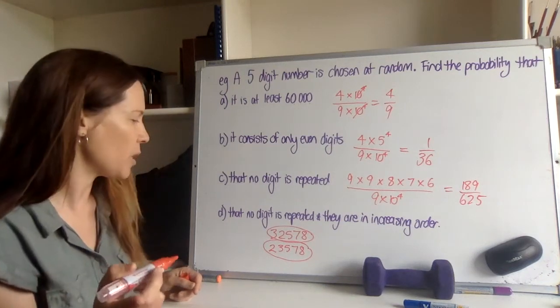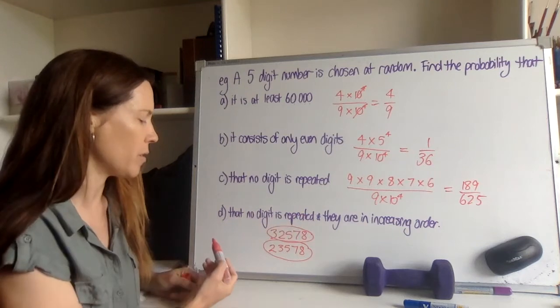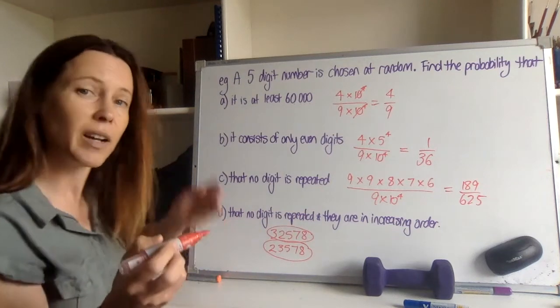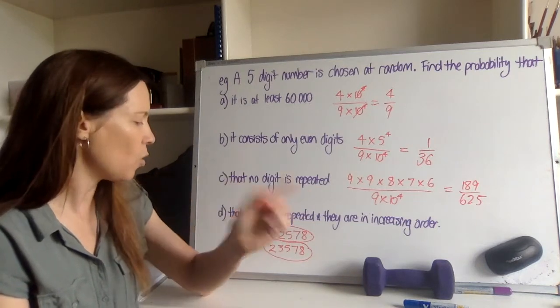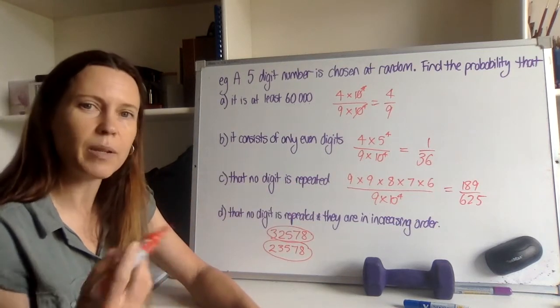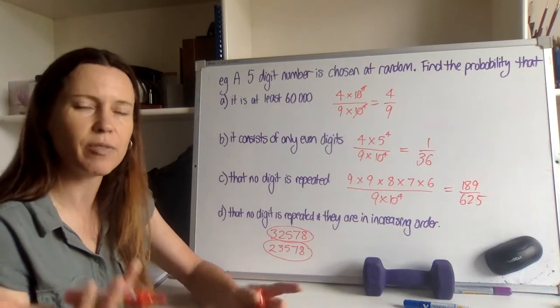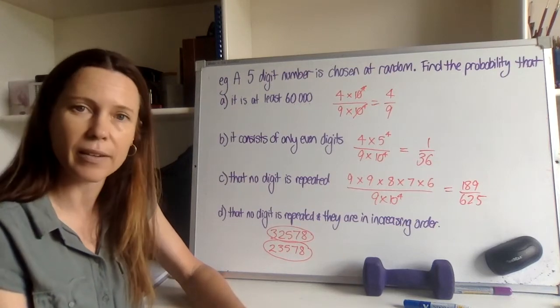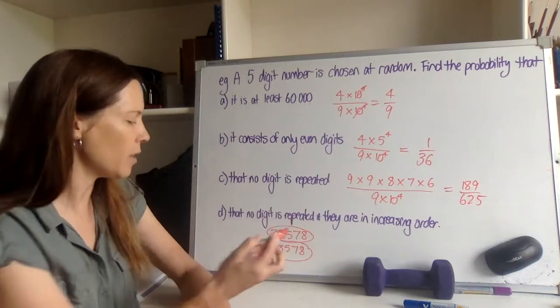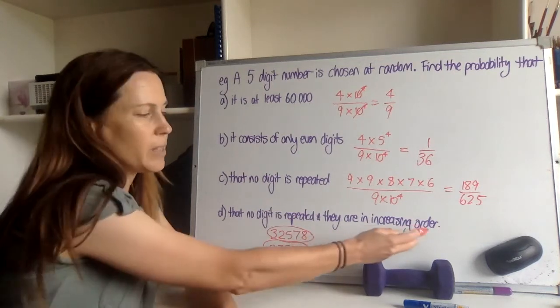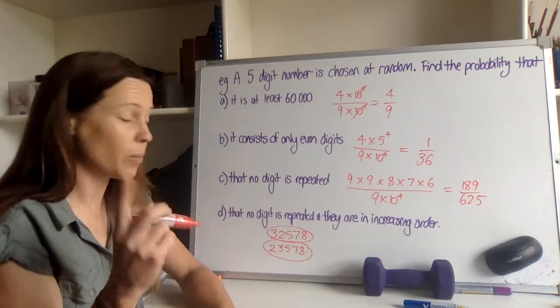I know that because I'm not repeating any of the digits, and I'm only allowed to use 9 different digits because the 0 won't be allowed, all I really need to do is consider how many ways I can choose 5 different digits out of 9. Because any selection of 5 digits out of 9, I can then arrange so that it's in increasing order one way.